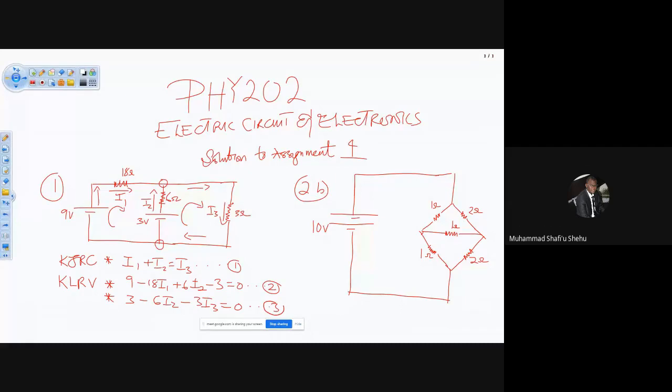So what do we do next? This is a simultaneous equation. I believe you all know what to do next. For you to carry out the elimination method, you have to make sure that two of your equations look similar. By similar, I mean they should have the same unknown variables, right? So how do we do that?